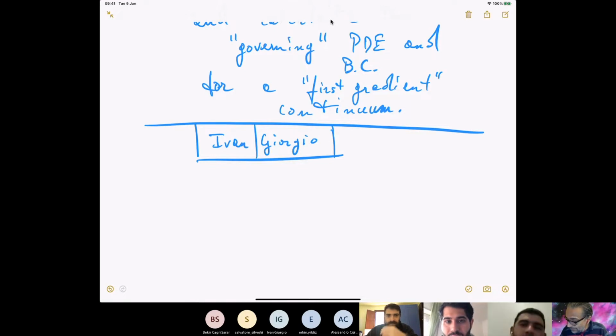Ivan Giorgio will give you some basic ideas about how to use this principle with a computer software, which is COMSOL. I think that some of you already met this software, but you need to become very skilled with it, because as I will prove today, it is a fundamental tool for every kind of design.